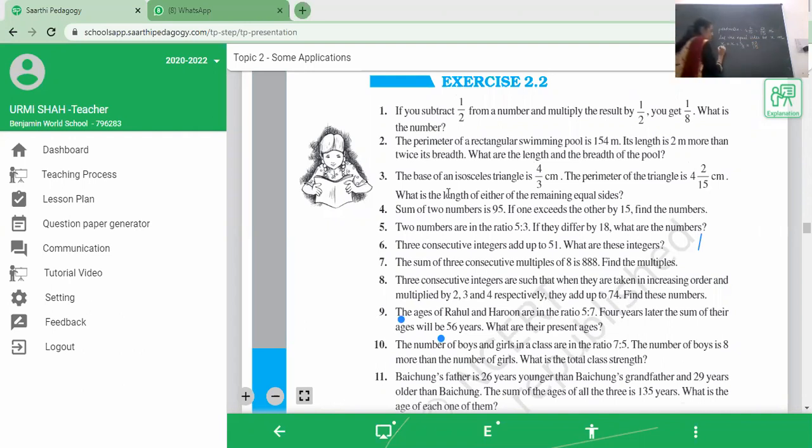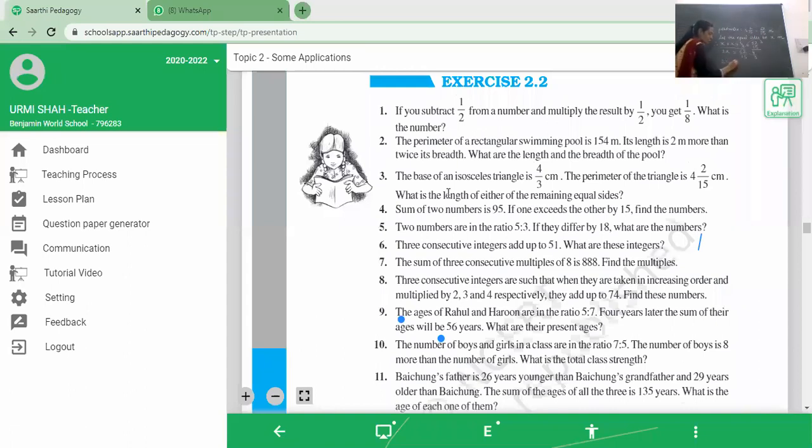Sum of three sides is equal to the perimeter of the isosceles triangle. x plus x will become 2x. 2x is equal to 62/15, and this 4/3 will go to the other side and become minus 4/3. Now take the LCM.